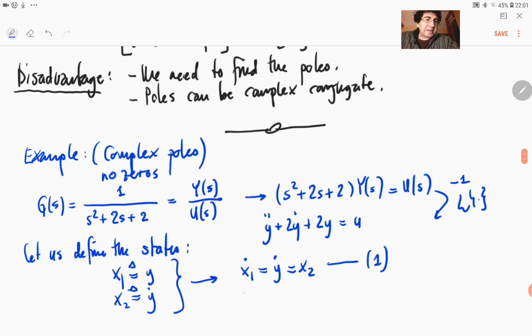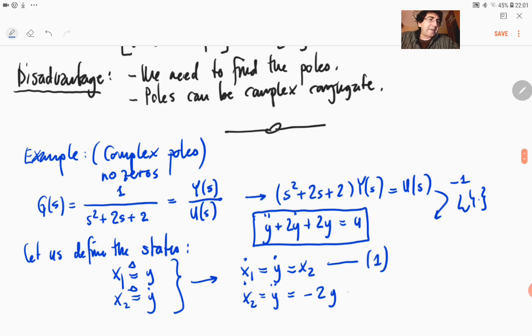So that's one of the state equations. The second state equation is that x2 dot becomes y double dot, and we can obtain y double dot from the equation that we have here. So y double dot is equal to minus 2 times y minus 2 times y dot plus u.